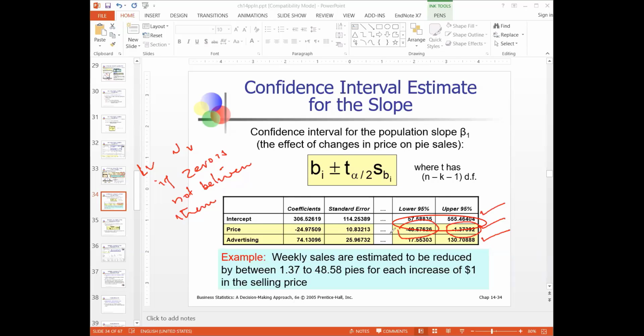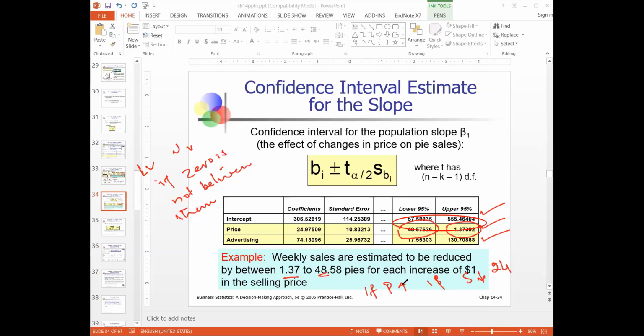So the interpretation of upper and lower limit: let's see. It is interpreting the upper and lower limit of price. Weekly sales are estimated to be reduced between this for each 1 unit increase. We already know that if price increases by $1, the sales will decrease by minus 24 units.